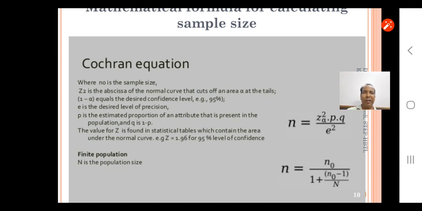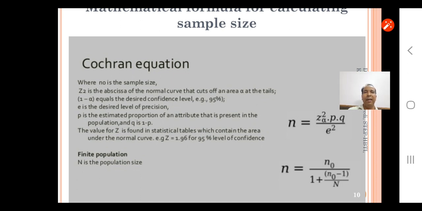1 minus alpha is confidence level. When I reduce the probability of error from 1, I always get the confidence level. This can be denoted in decimal as well as in percentage. I can say 0.05 level of error and at the same time 95% confidence level.